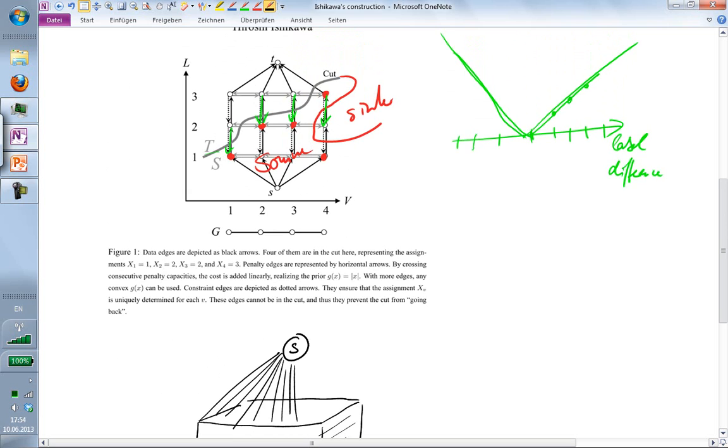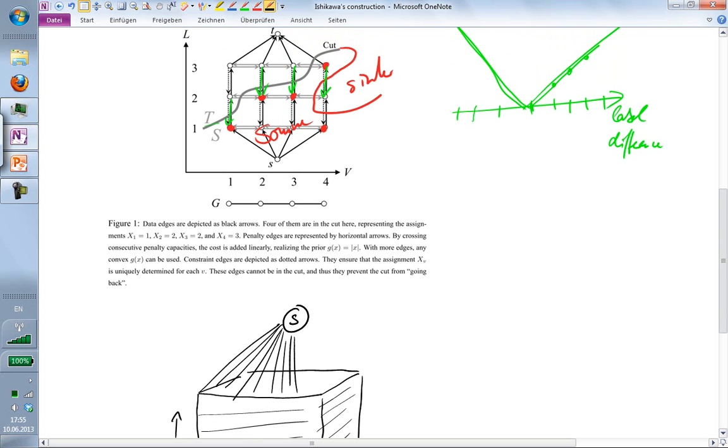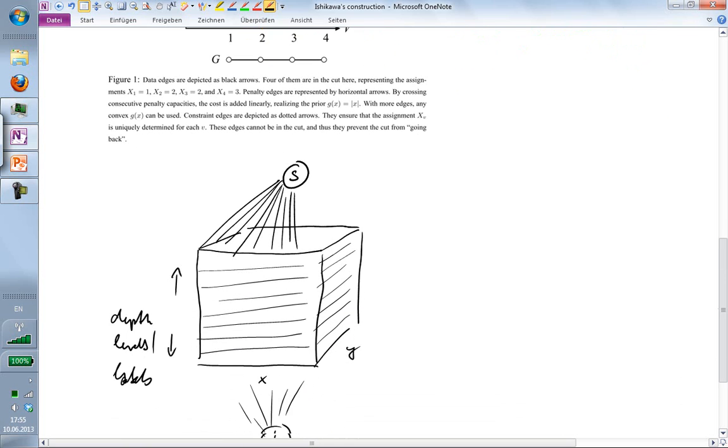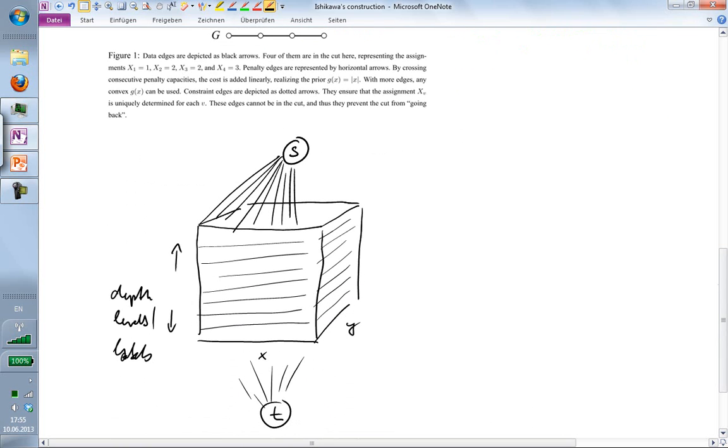And then I fill this volume. So now I have one more dimension. Now I fill this volume with this special Ishikawa construction. And if I now obtain a cut, let's say, a cut like this, I can directly interpret it as a depth map.